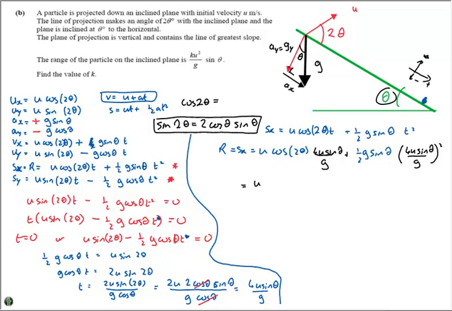Cos 2 theta is cos squared theta minus sine squared theta. So we'll substitute that in for cos of 2 theta just to get rid of it. So we have cos squared theta minus sine squared theta times 4u sine theta over g. I should have probably multiplied the u's in there, but I'll do that in the next step.